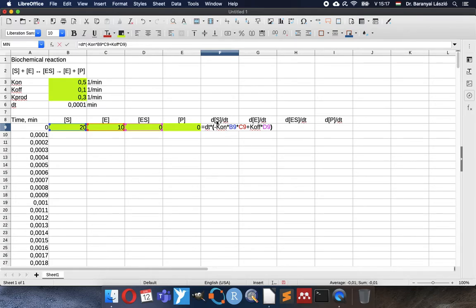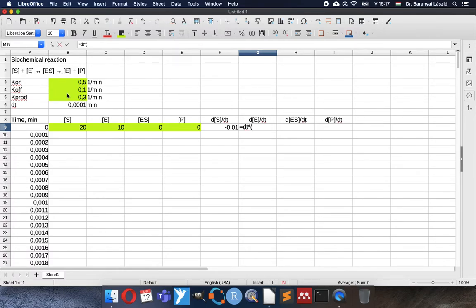So the change of the substrate is in first forward direction toward the enzyme substrate and reverse direction toward back the dissociation to regenerate the enzyme and the substrate. Now how the enzyme calculation looks like.